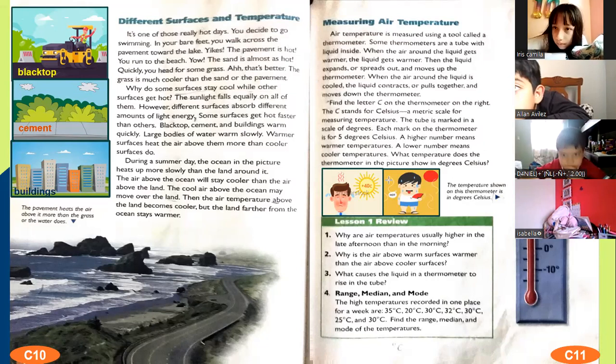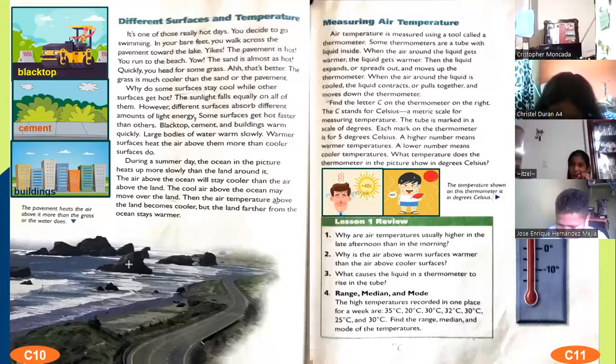What temperature does the thermometer in the picture show in degrees Celsius? What is the temperature in this thermometer? 30 degrees Celsius. But 30 is here. Oh, it can be, but it's not. It is between 30 and 40. 25?